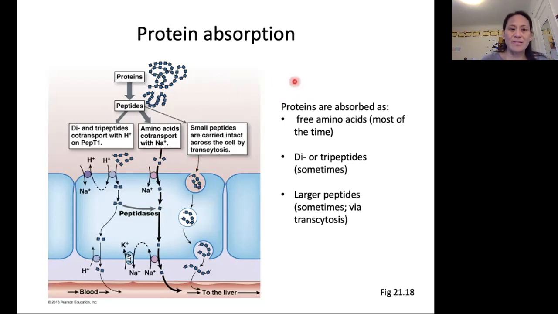Again, this is the lumen of the small intestine up here. We're endocytosing at the apical membrane, transporting it across that epithelial cell layer, and then exocytosing at the basolateral membrane, where it then can enter the bloodstream. So that's where all of these little protein byproducts are entering the bloodstream.